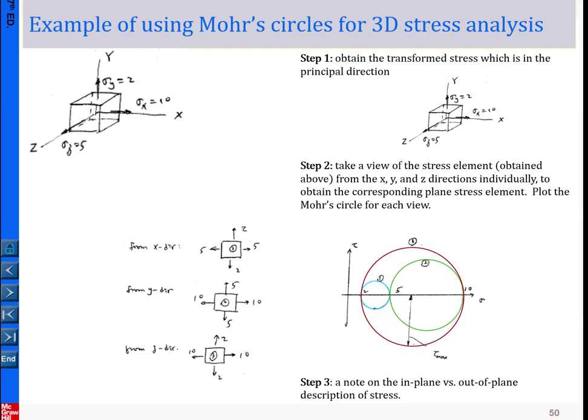And here I use another example, and here the 10, 2, and 5 individually, just like I did here. From the x-axis, if you have this little guy sitting here in front of you, you can see this one. And from the y-axis, if you are the little guy sitting here looking downward, you can see this one. Then you are the little guy sitting here and looking at that one, you can see this one.